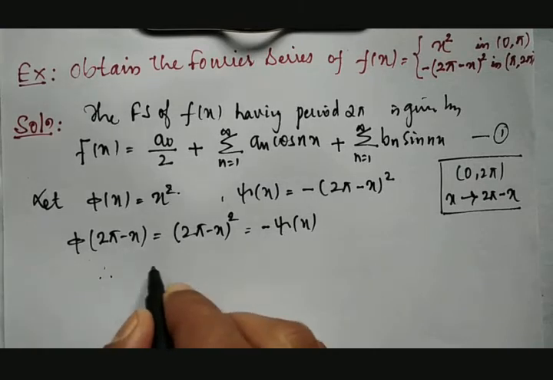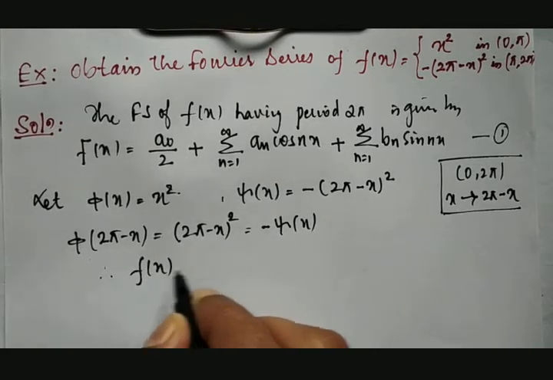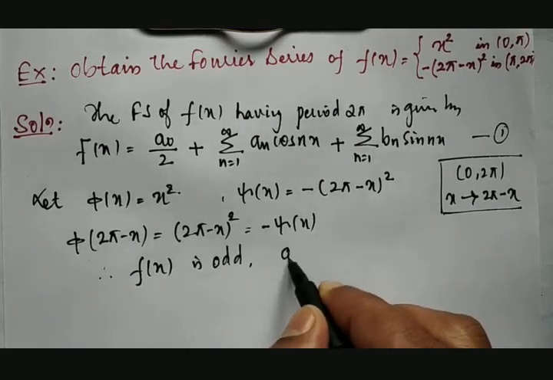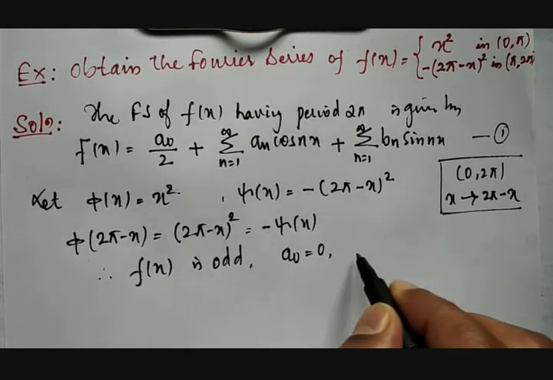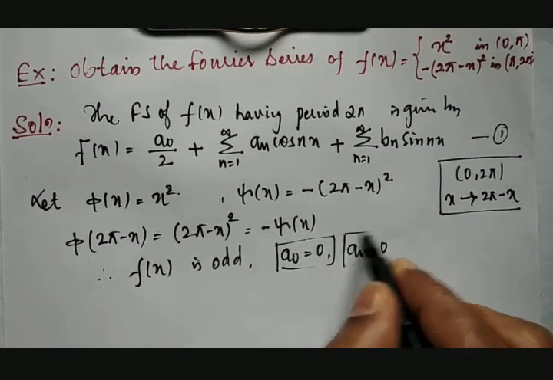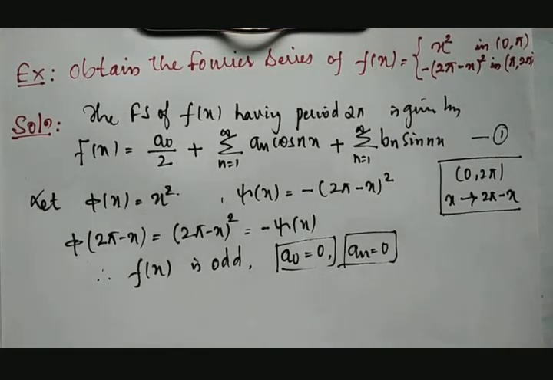Therefore, the function f of x is odd. If the function f of x is odd, then a0 is equal to 0 and an is also equal to 0 straight away.